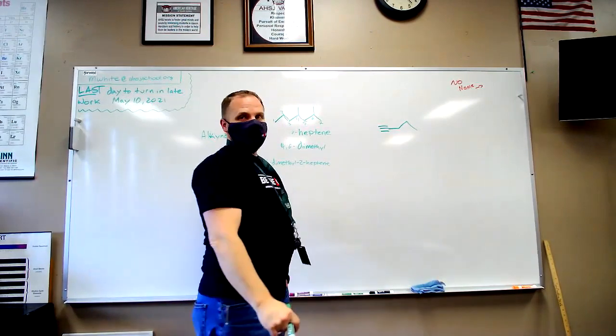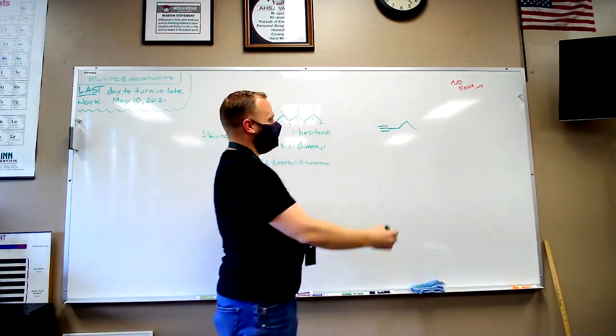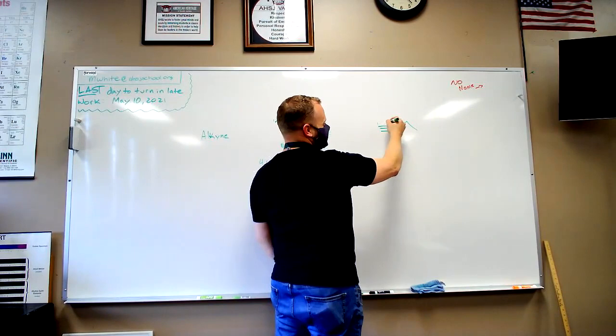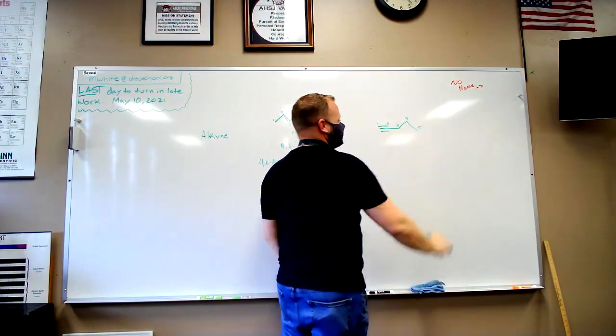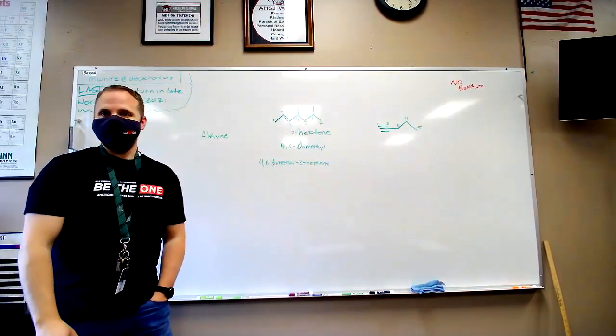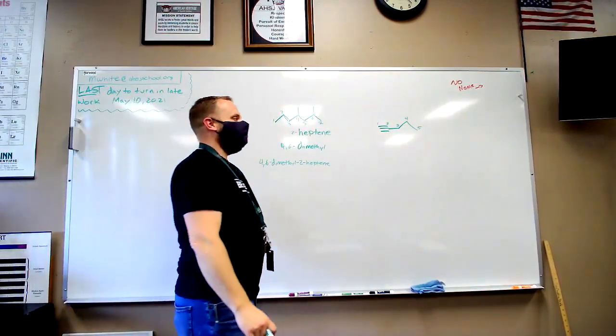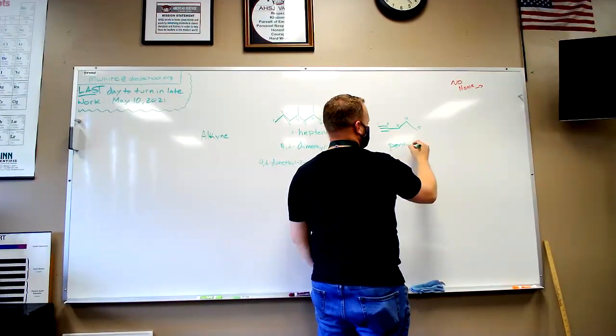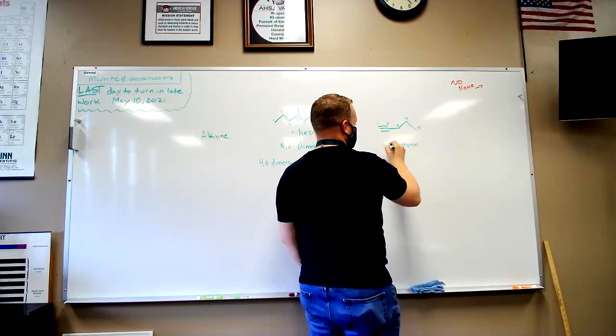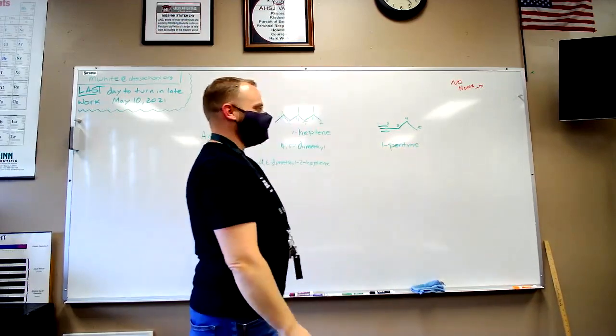So how many carbons are in this chain? 1, 2, 3, 4, 5. So you start from the 1, 1 pentyne.